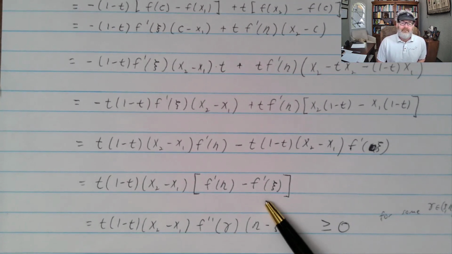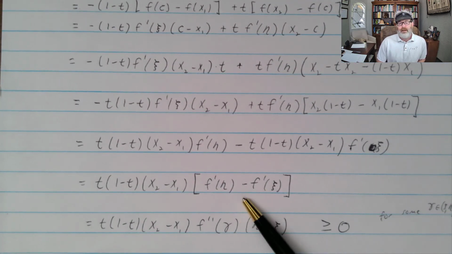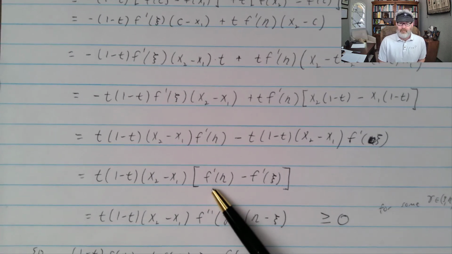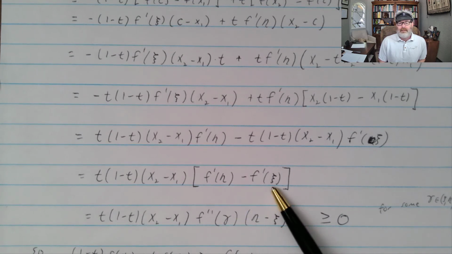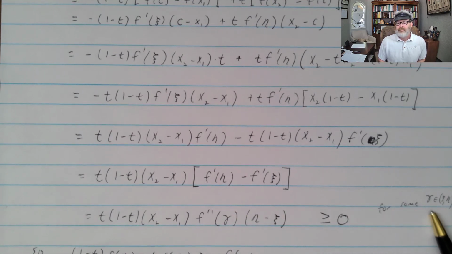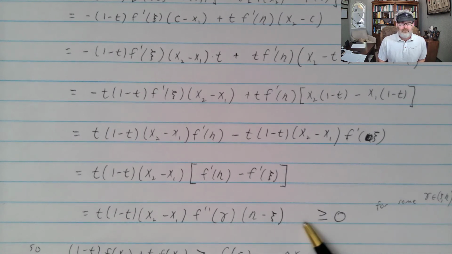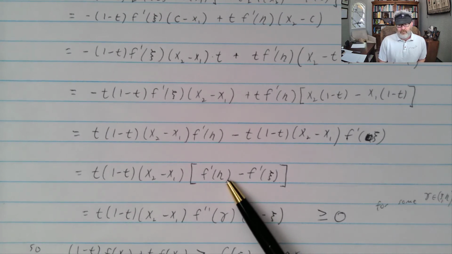And I can use the mean value theorem again, but on f prime, not f. So if you use the mean value theorem on f prime, this will be f double prime at some point in between c and eta, use gamma, times eta minus c.